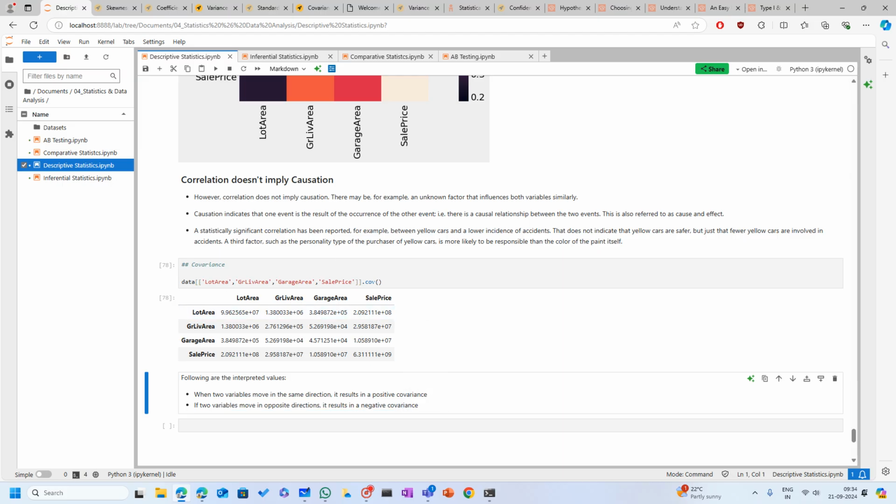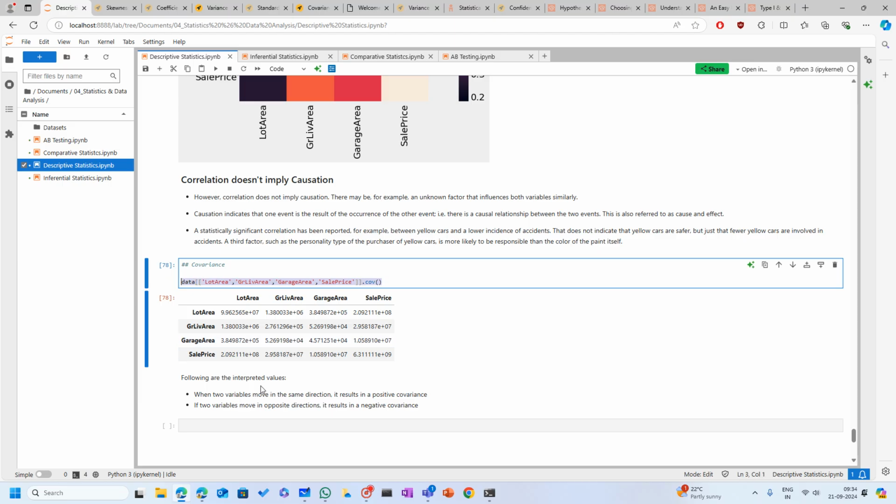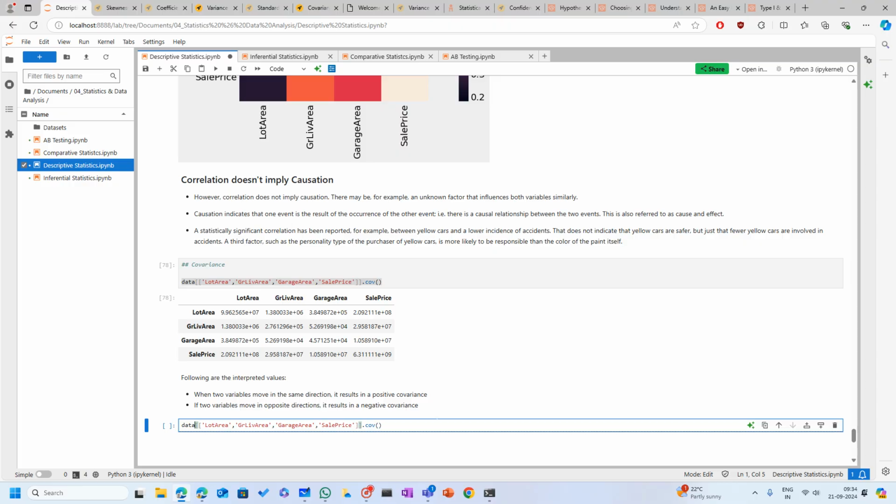So we have not calculated negative covariance here, but what we can do is data dot select_dtypes of, let me pass the value. I'll select all the int values and also select float values.